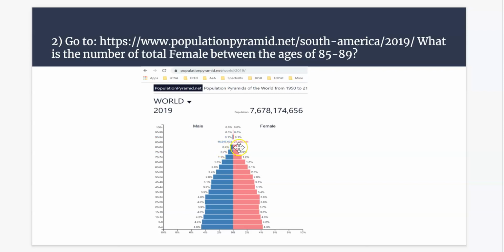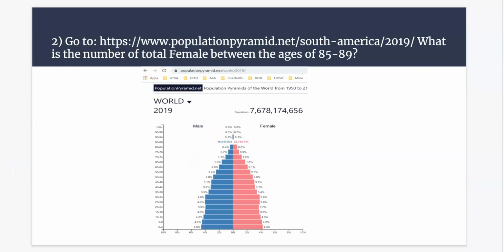This is asking about females, so you go on the right hand side and you type in 25,765,744. That's the total population there. And it says write the number, right? So the number, not the percentage.